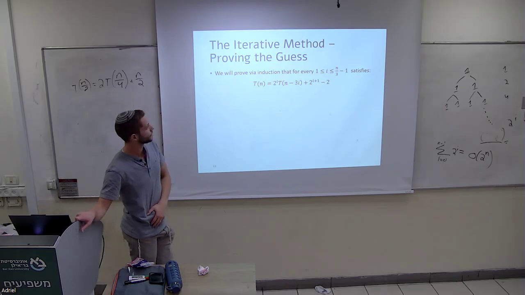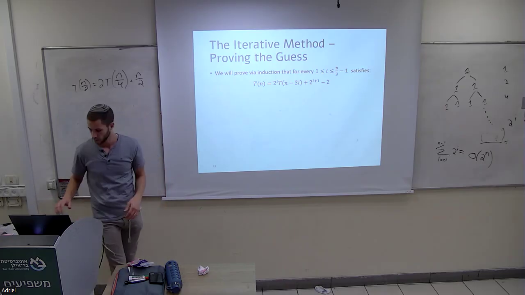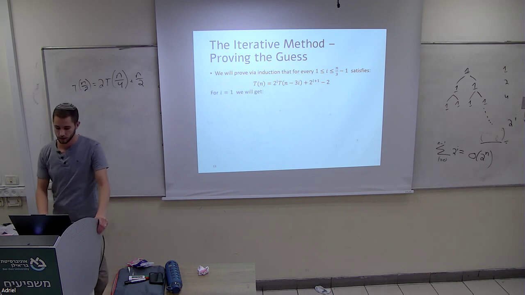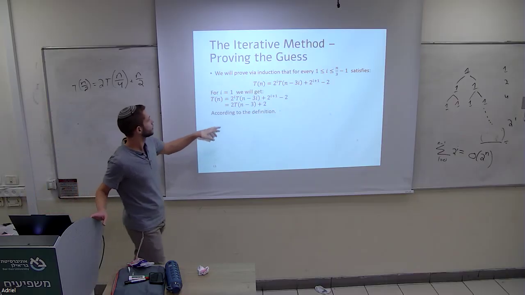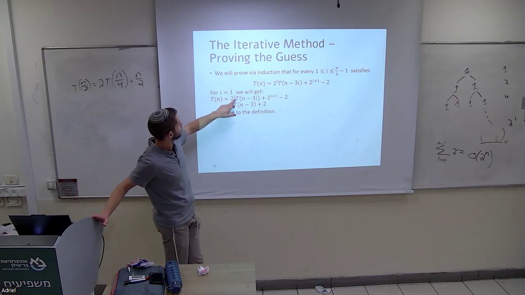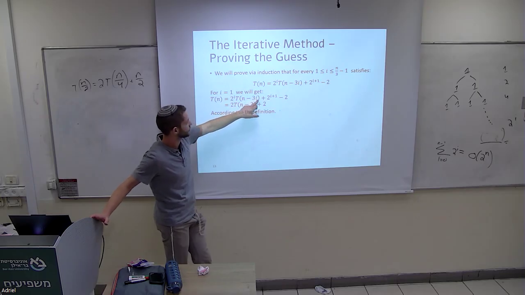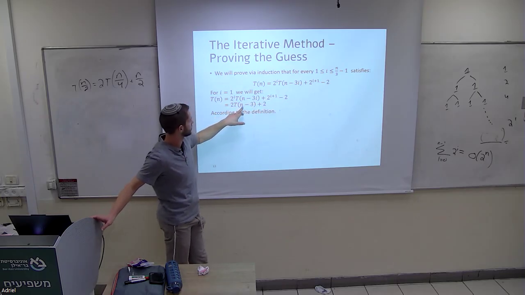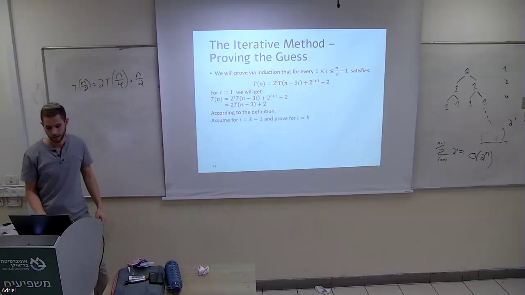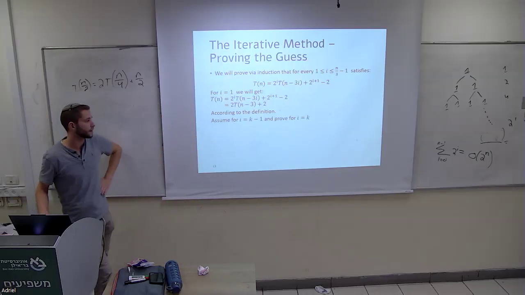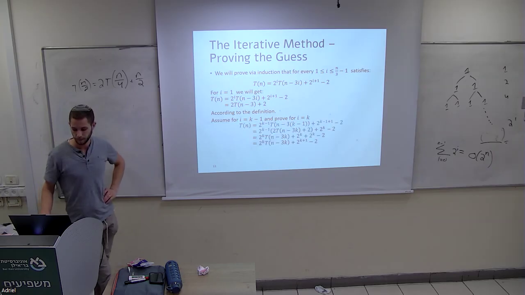Okay, so let's prove the induction for i equals 1. The base case: if we substitute 1, all the i's become 1, which just equals our definition of the function. Now we assume for i equals k minus 1, and we prove it for k.